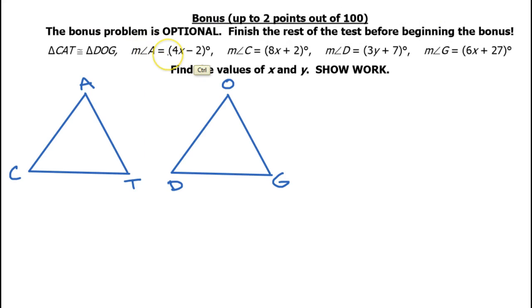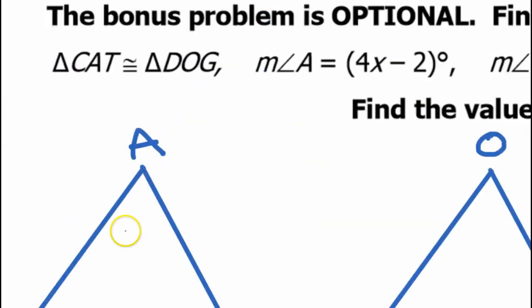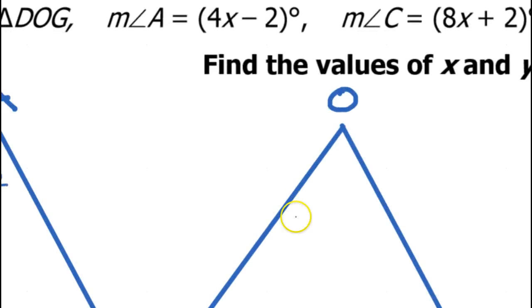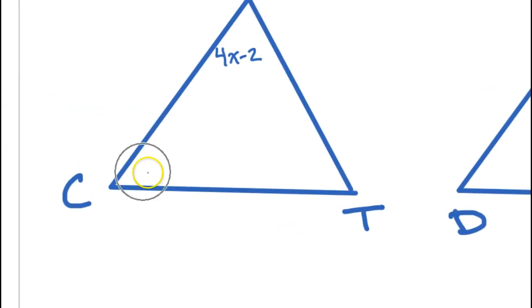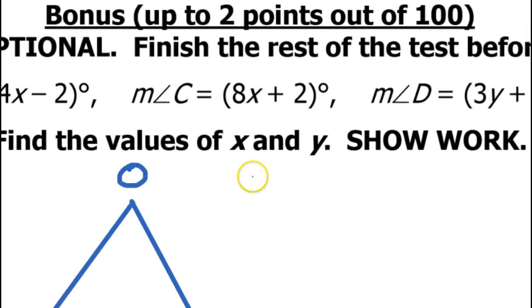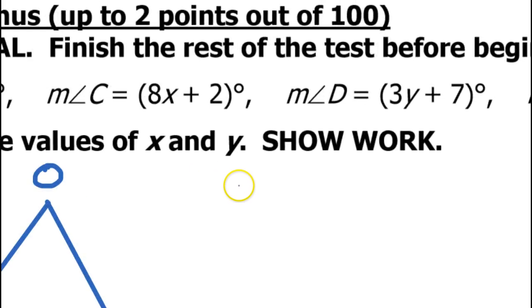So we have expressions for the measure of angle A. You know what, maybe I'll squeeze these in here. So A is 4x minus 2. So I'll have 4x minus 2. And angle C is 8x plus 2. And D is 3y plus 7.